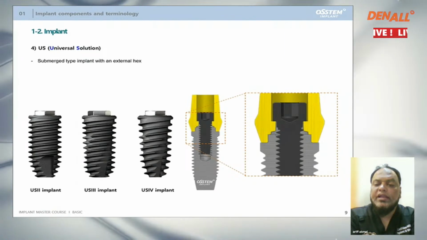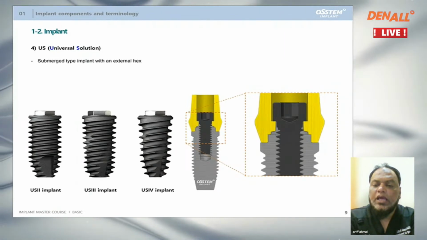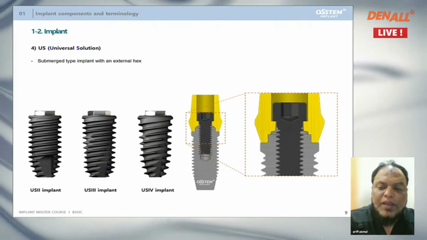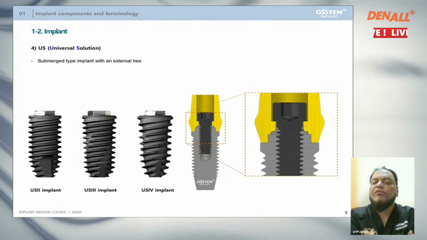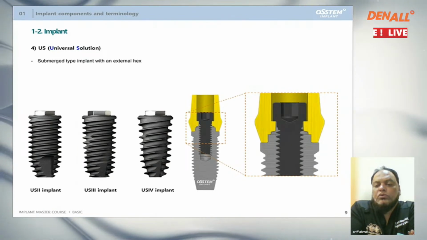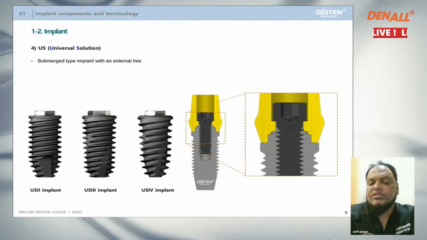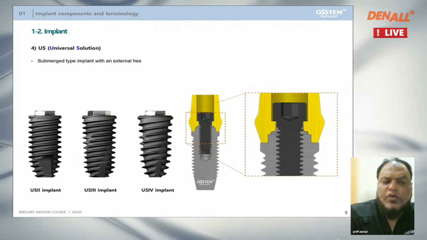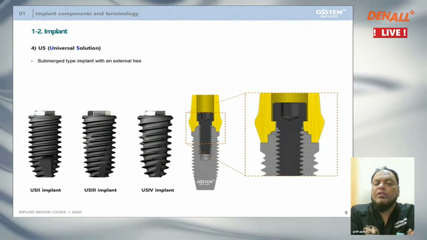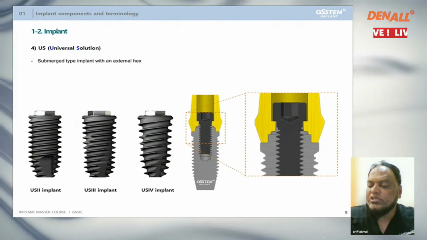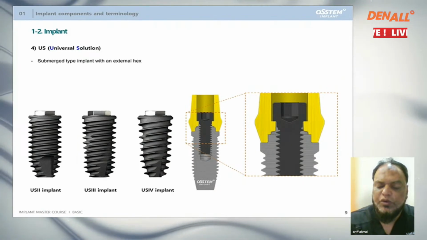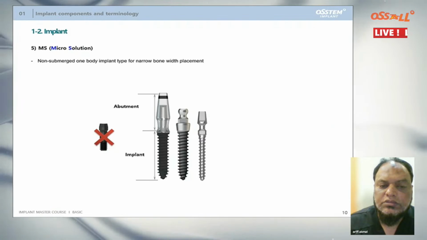They have a wide range of implant systems which will help you decide which type of implant is suitable for that particular case. So you need not just keep placing the TS system. Some cases you might require US, sometimes KS. It depends upon the case, so depending upon the case suitability, you can decide which system you want to use.